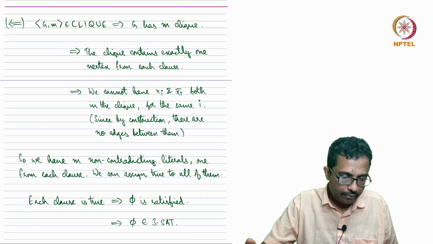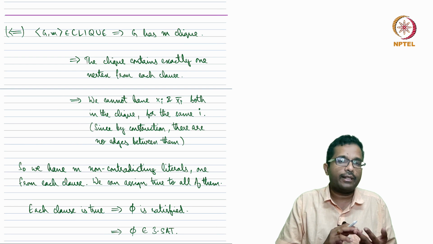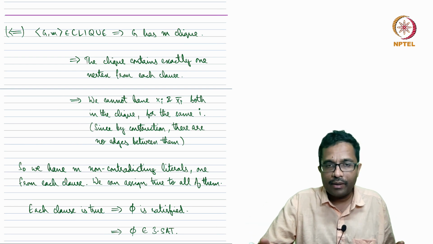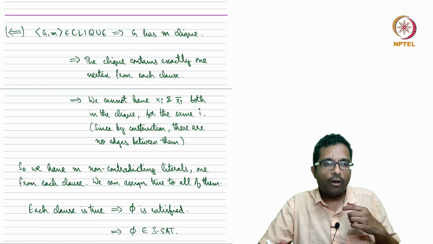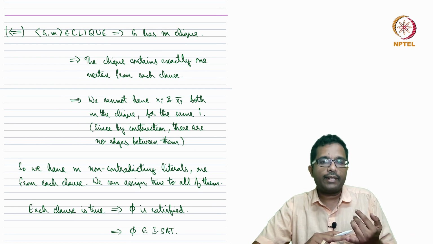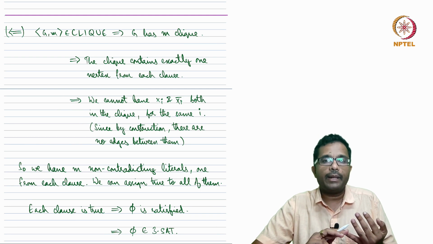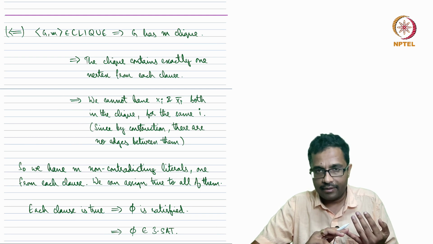So we have some, let's say x1 is picked, x2 is picked, for x3 let's say xi complement is picked. Now what we do is we set all these to be true. So if xi is picked, we make xi true. If xi complement is picked, we make xi complement true. In other words, we make xi false, right.